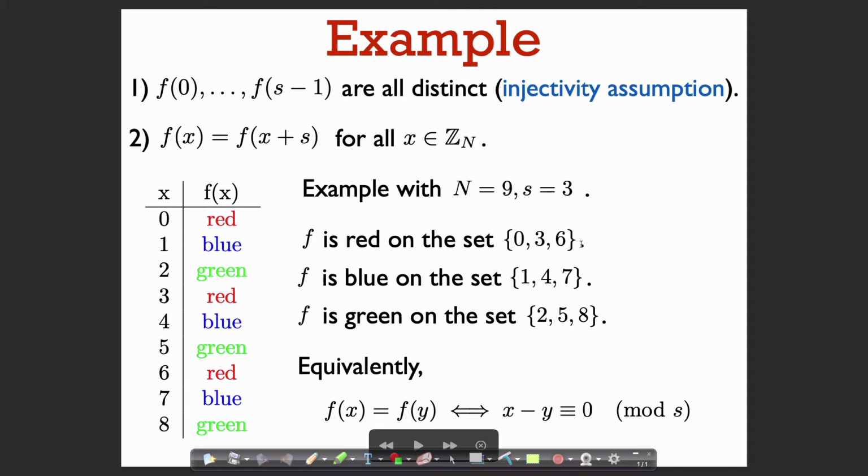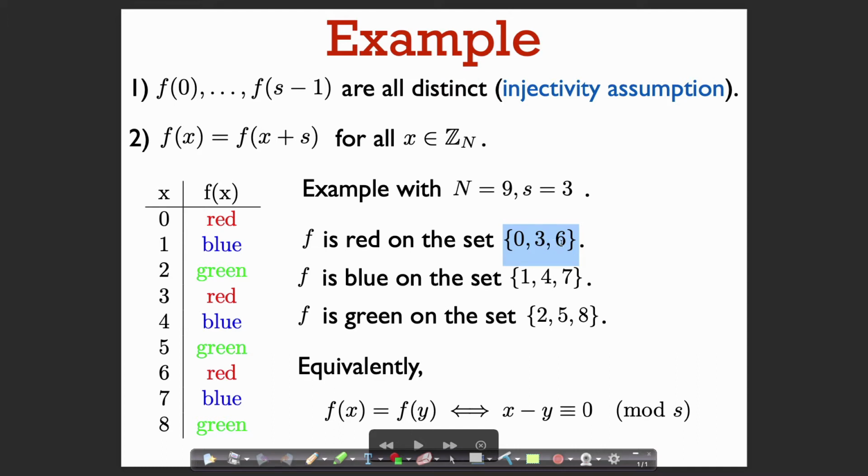Now, just to foreshadow what's coming later when we eventually get to talking about the hidden subgroup problem, you see here that the set on which f is red is actually a subgroup of Zn, and this is a subgroup generated by s. Okay, so this set here is closed under addition modulo n, right?